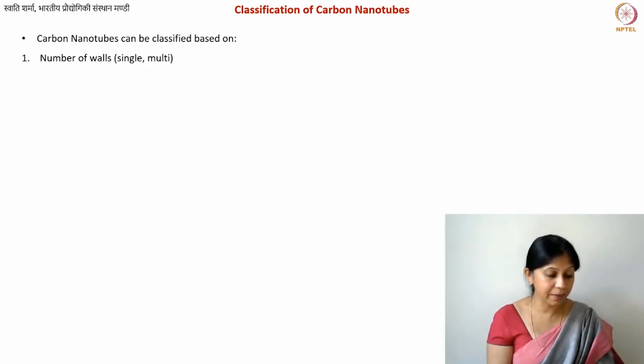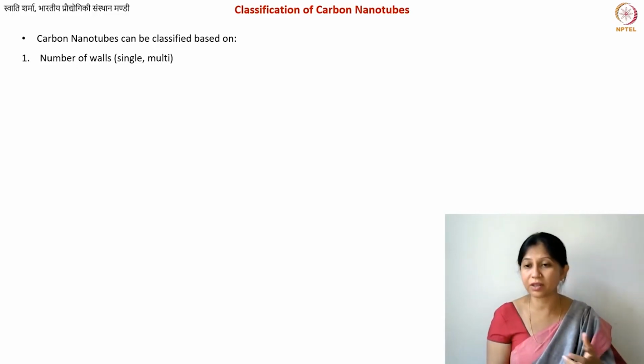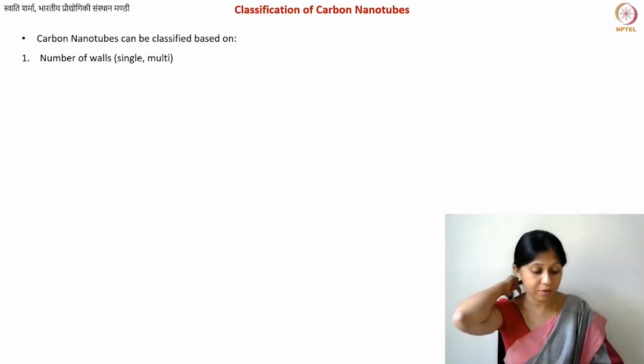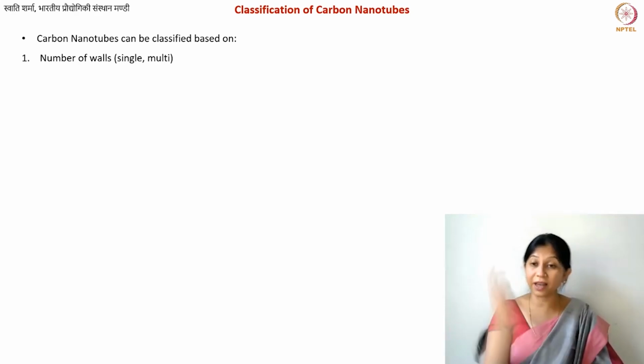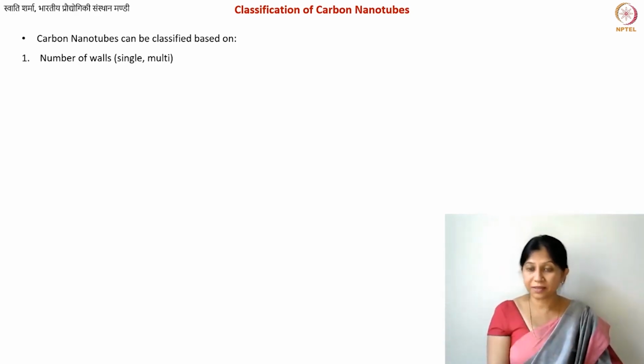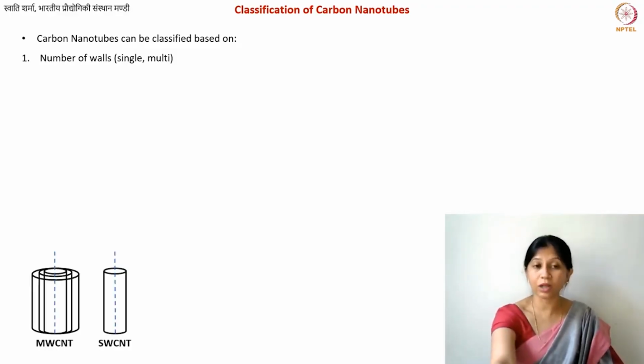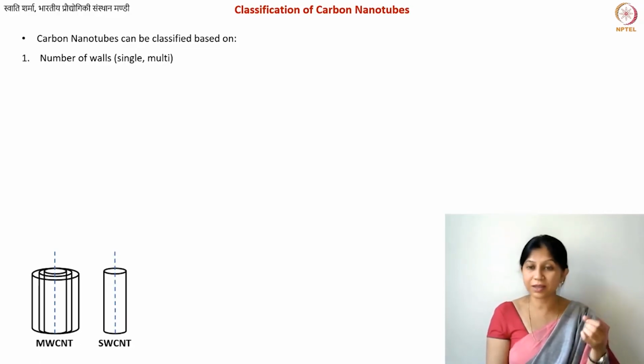So I already mentioned that you have single-walled carbon nanotubes, you have multi-walled carbon nanotubes. Now these properties, also the electronic properties, can be used for classifying your carbon nanotubes. So a couple of different types of classifications that I have mentioned here. So one is based on the number of walls. So here probably with this picture it will become more clear that you have a single cylinder or you have concentric multiple cylinders.